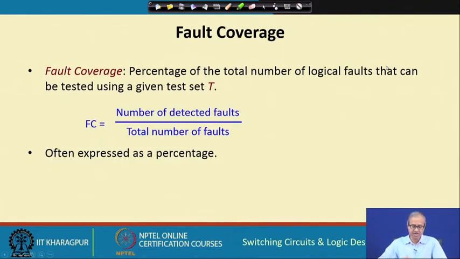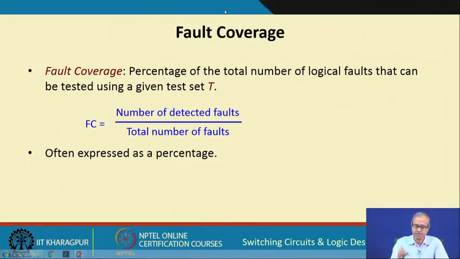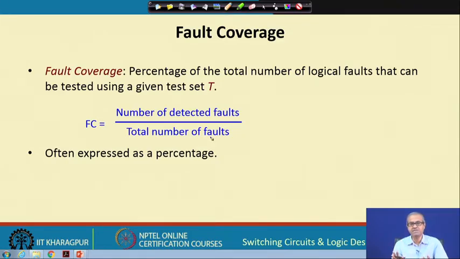There is one parameter we use to assess the quality of testing. This is called fault coverage. Fault coverage is determined by two parameters. Here the implicit assumption is that we already have a fault model. So, we already have a mechanism using which we can count how many faults are there in the circuit. This is our inherent assumption.